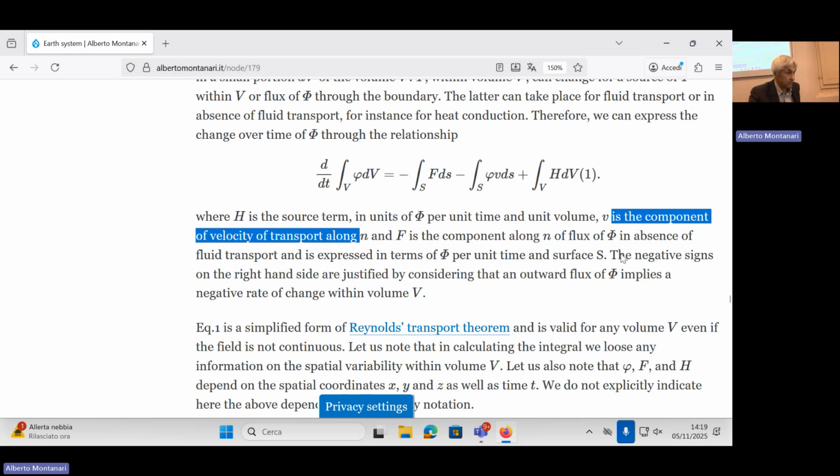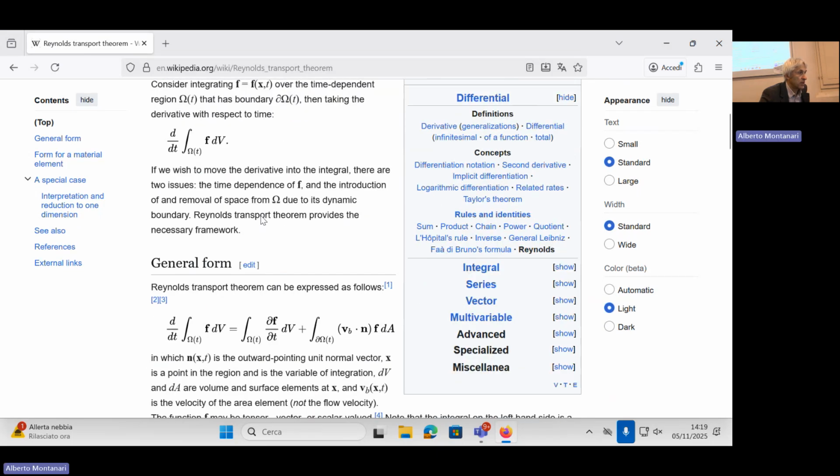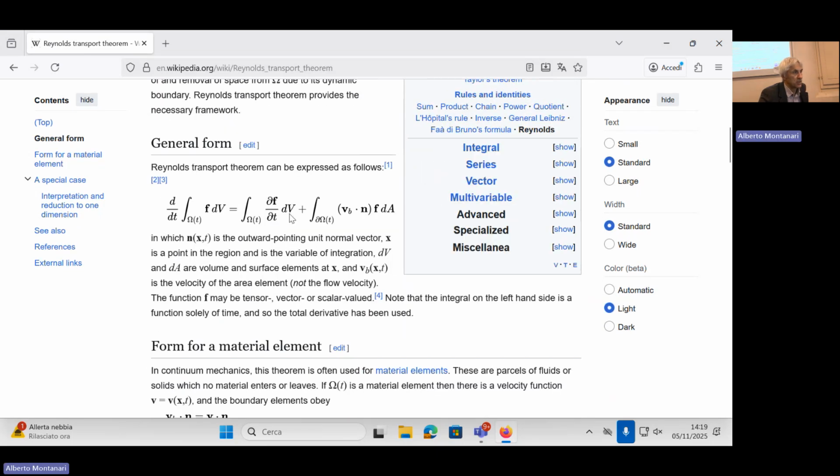On the other hand, if you click on this link here, this is a Wikipedia page that is quite complicated. This is a general form that is in vectorial form, but you can recognize it basically. It's basically the same. There is no source term here, okay?